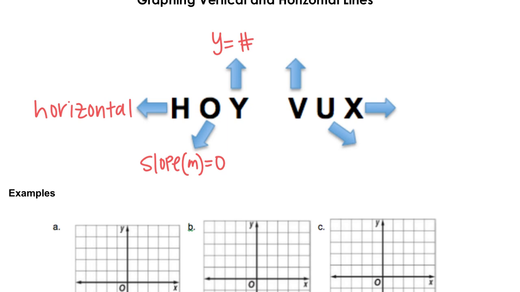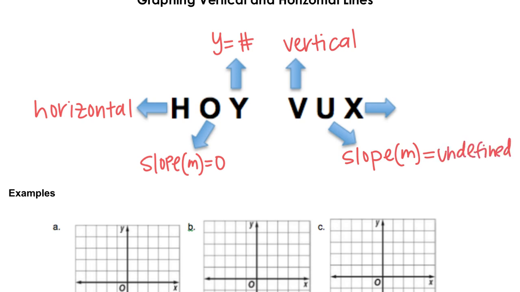VUX stands for vertical, for the V. So whenever we have a vertical line, the V stands for vertical. The U also tells us about the slope. When I have a vertical line, so straight up and down, that is going to have a slope of undefined.